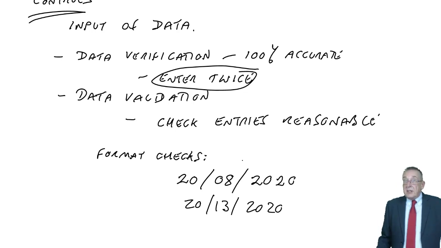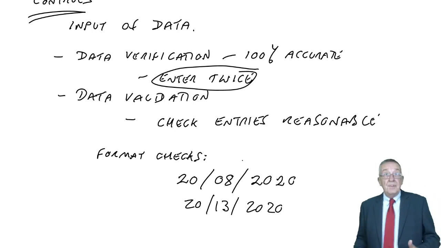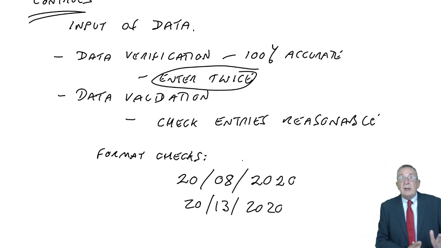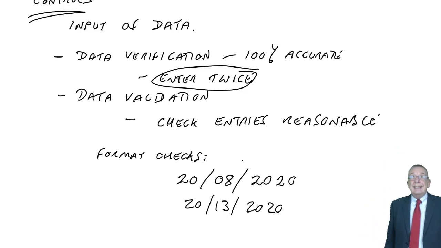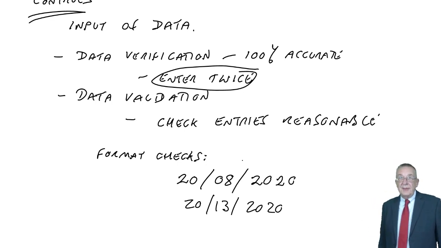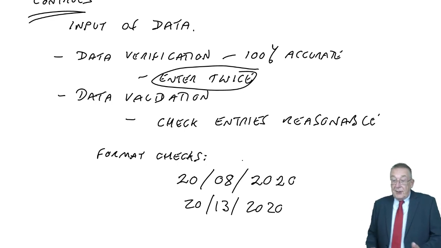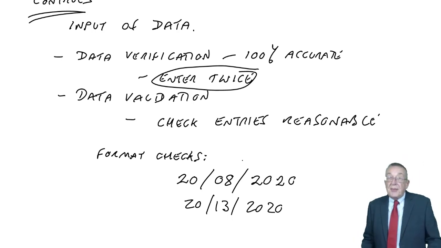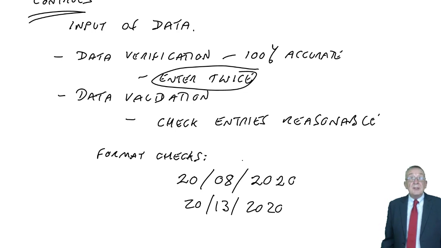We can build into the software or get the people preparing it to put in that whenever a date's entered, well, it must be day, month, year. And we can restrict that, all right, the day, the maximum it could be is 31, the month, the maximum it could be is 12, and so on.